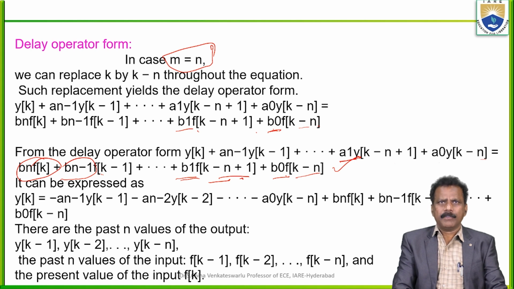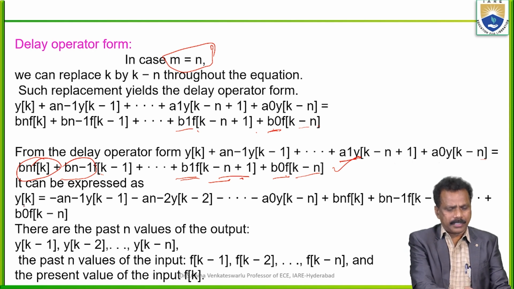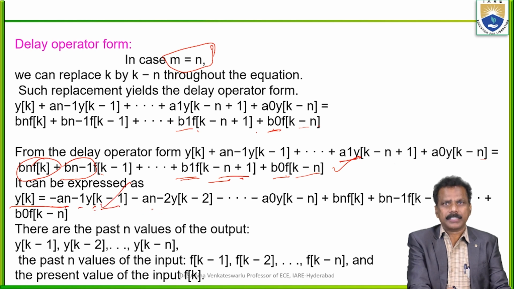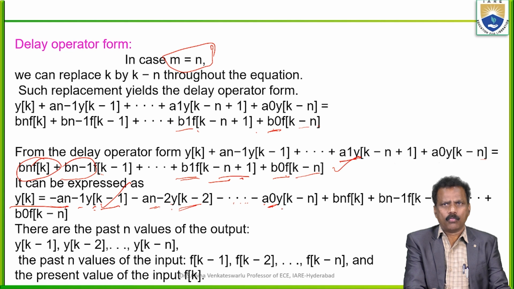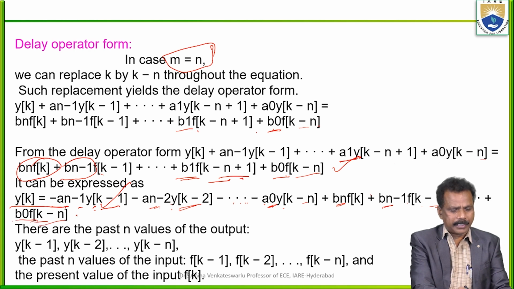Based on this, under the delay operator form, in the case where small m is equal to small n, it can be expressed as y of k is equal to minus a(n-1) y of k minus 1 minus a(n-2) y of k minus 2 minus and so on minus a0 y of k minus n plus bn f of k plus b(n-1) f of k minus 1 and so on, up to plus b0 f of k minus n.